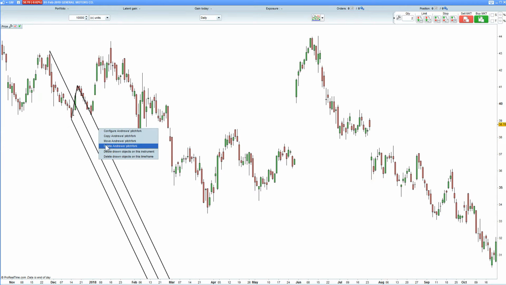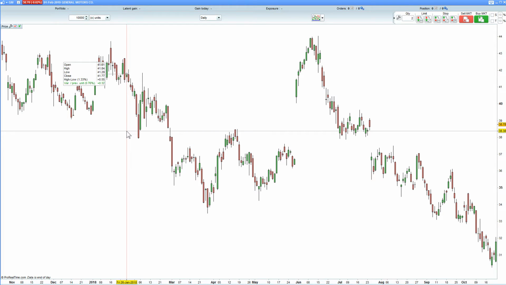So I wanted to develop a set of rules that would help me create a pitchfork that would be useful for a fair amount of time. I tried different rules with a standard pitchfork, and it just didn't offer me what I needed, or what I thought I needed at that point in time.